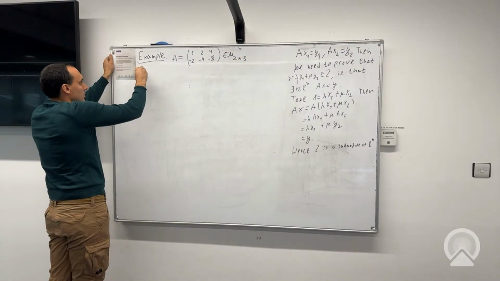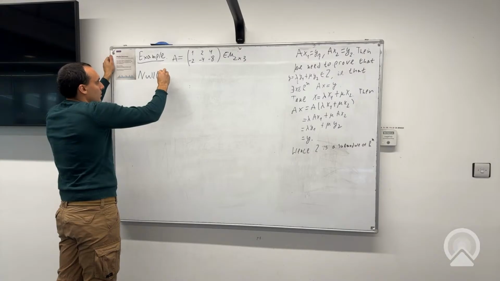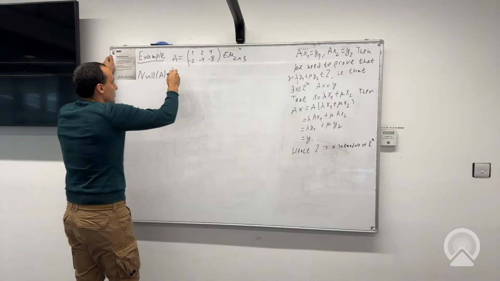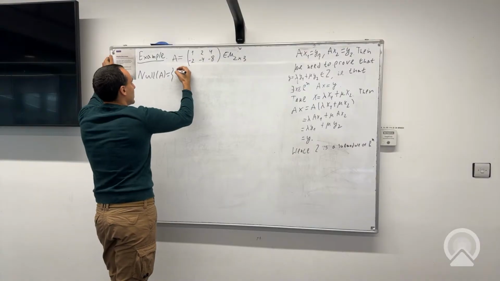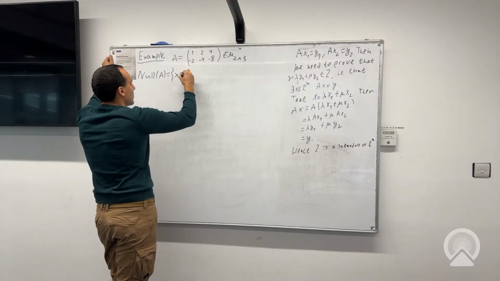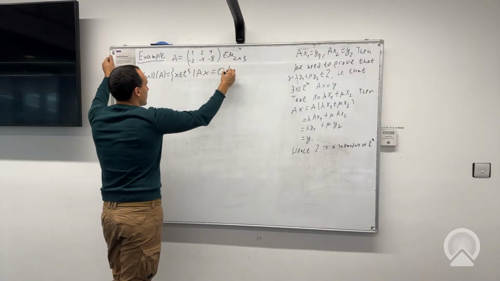And the null space of A is the set of all x1, x2, x3, so it's all x in R^3 such that Ax equals 0.